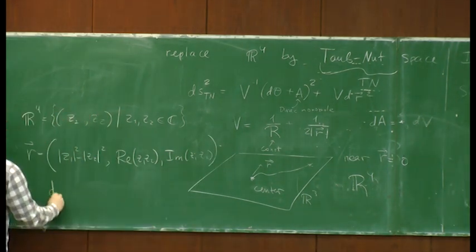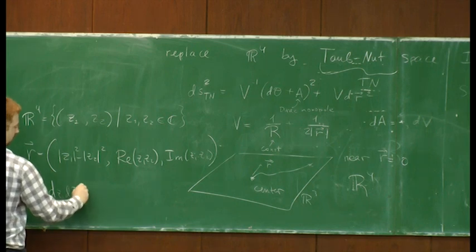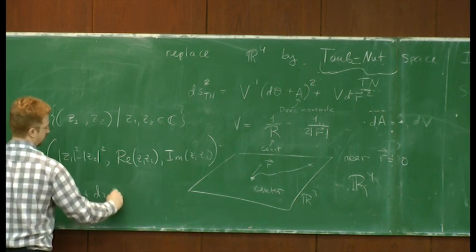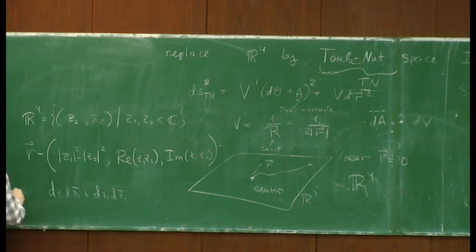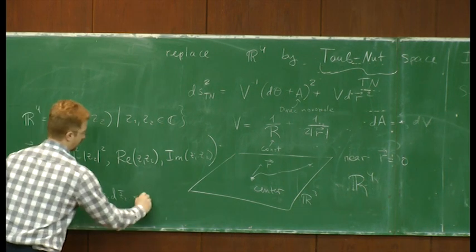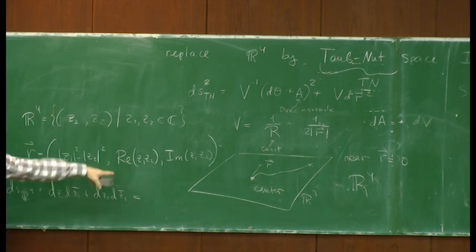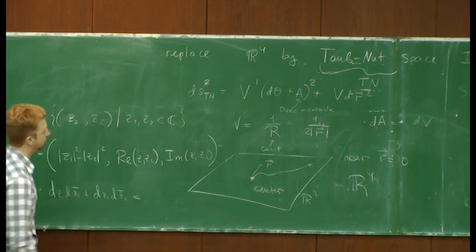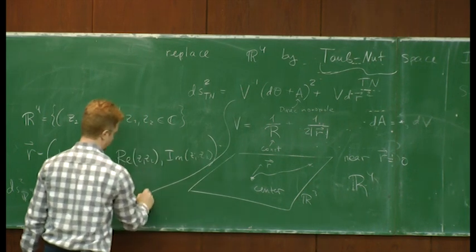So just take the flat metric dz1 bar dz1 plus dz2 bar dz2, and we write it in terms of this vector, and the remaining phase, you will get that.